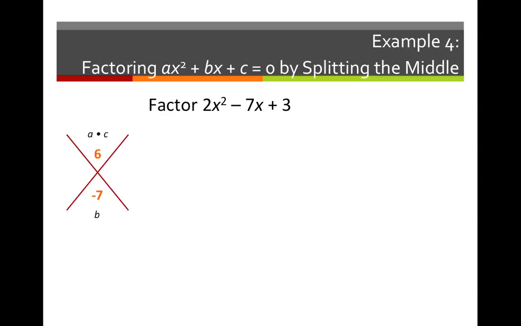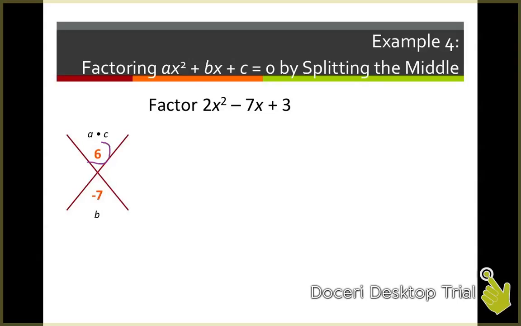So now I do similar to what I did in my previous problems. I need to come up with the factors of the top that are going to add to the bottom.